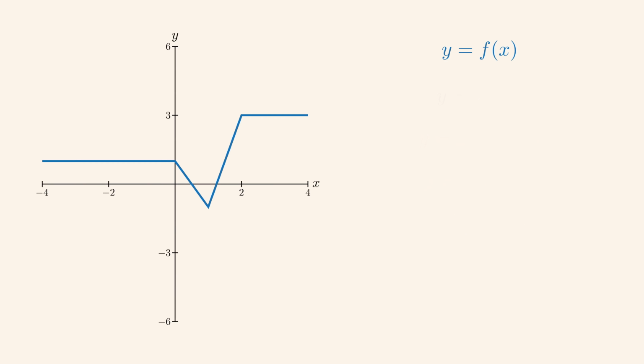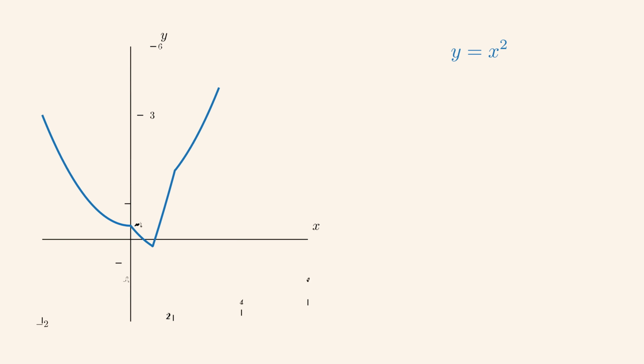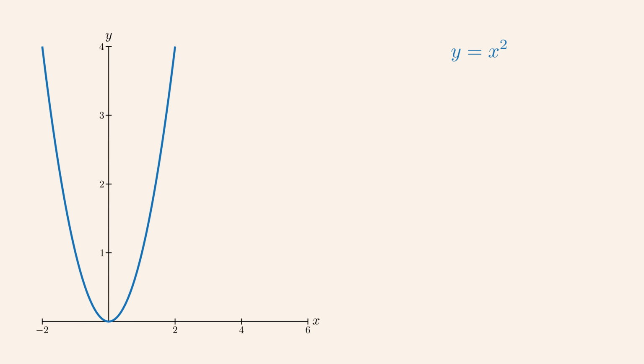For our final example, let's begin with a simple squared function. We already know what this graph looks like. Suppose a sequence of 2 horizontal transformations changes the blue function into the orange one. What exactly are those 2 transformations? Can you work them out?